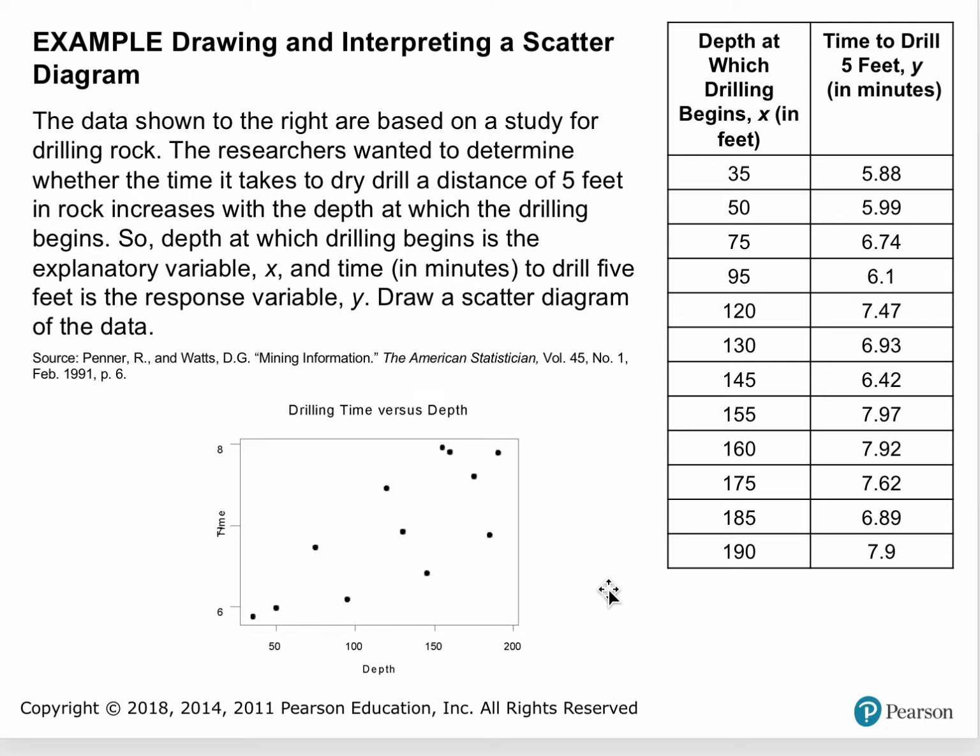Now be careful. Don't connect the points when drawing a scatter diagram. Another thing is, it's not always clear which variable is going to be the response variable and which is the explanatory. This one's pretty clear on which one is which, but think about, for example, does high school GPA predict a student's SAT score?